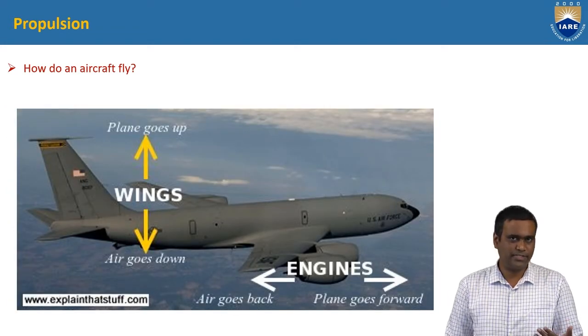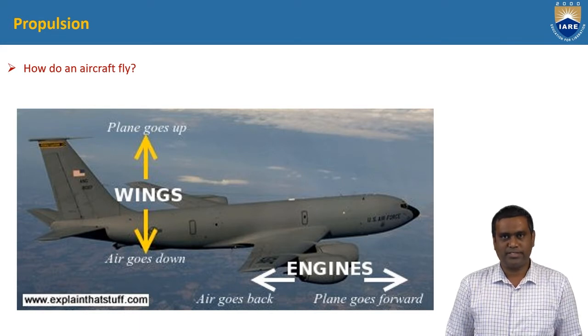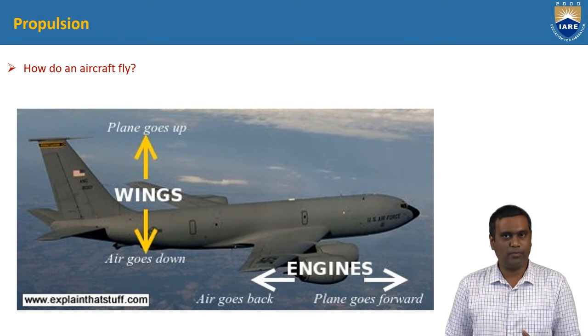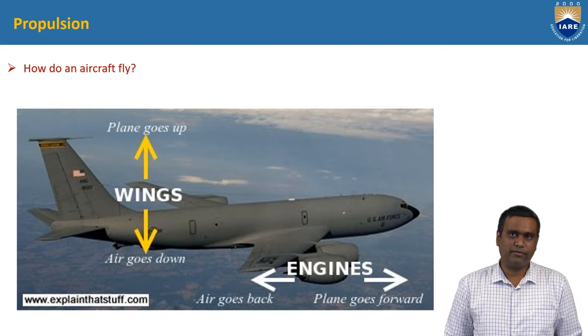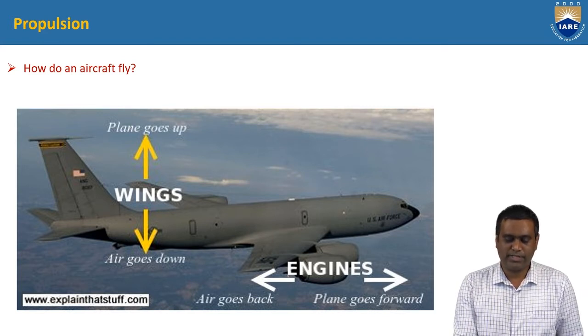So, aircraft engine produces necessary thrust to move the aircraft at high speeds, and wings are designed in such a way that they produce lift, which enables the aircraft to fly. Right? Here we can see from the engine, air goes back and plane goes forward.